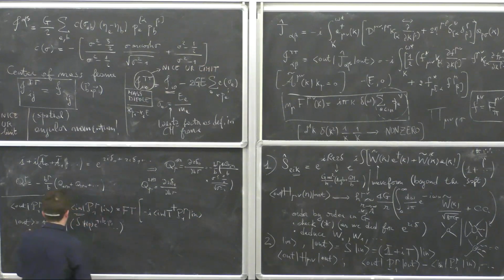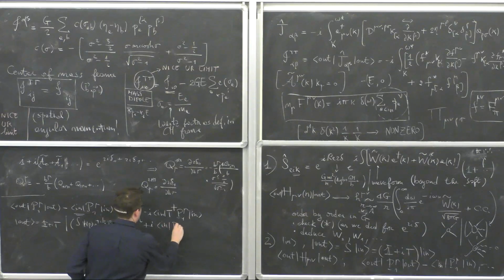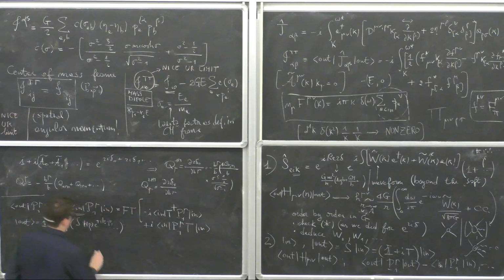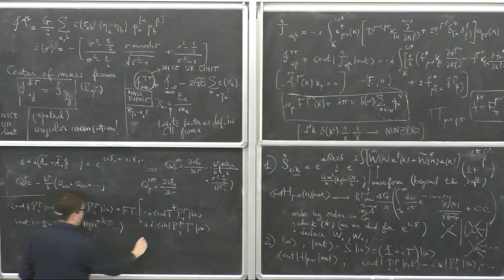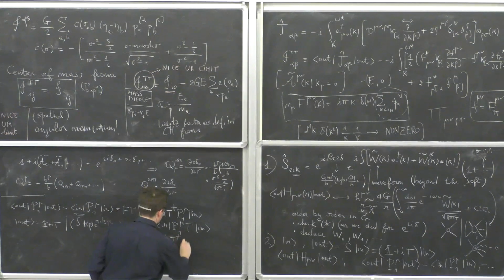So here I'm expanding 1 minus iT dagger, so I get a minus iT dagger, and then P1 acting on the in, plus in P1 iT acting on the in, and then I have this extra term in which both T and T dagger appear, so plus in T dagger P1 T in.